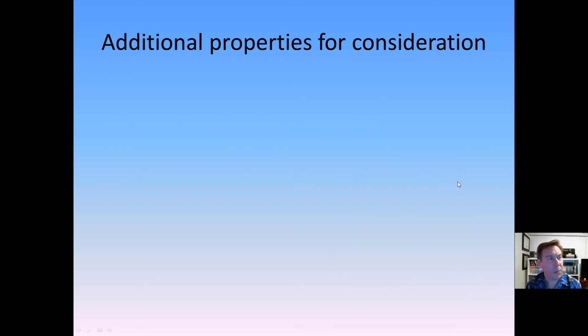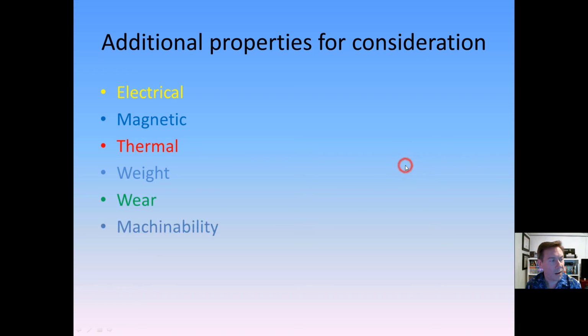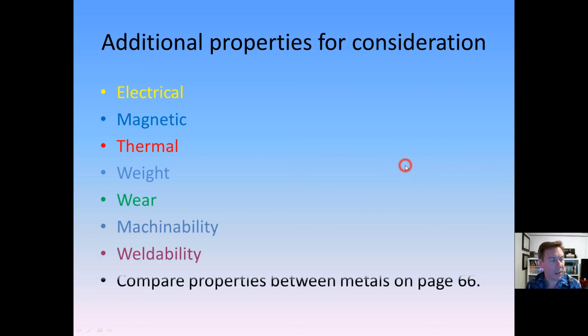All right, additional properties for consideration. Electrical, magnetic, thermal, weight, wear, machinability, weldability. So there's a comparison on page 66 of your book of all these properties. You guys have to read it anyway, so just go through it, know where it's at.